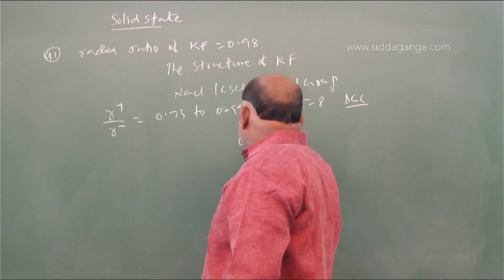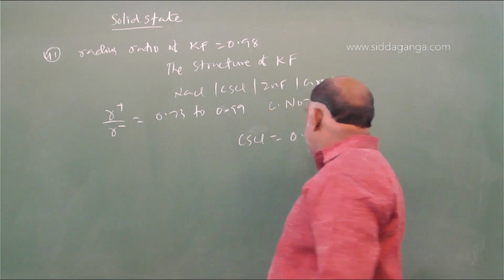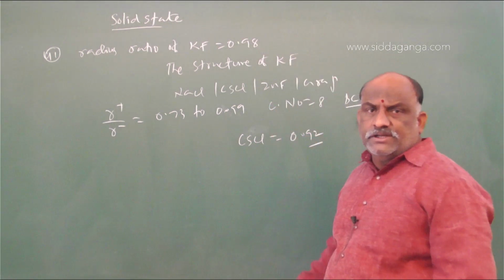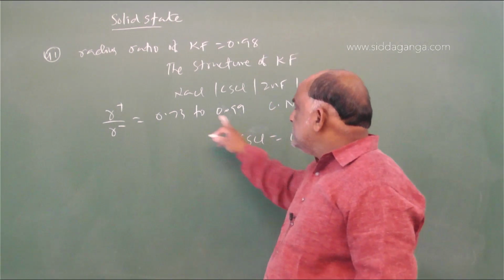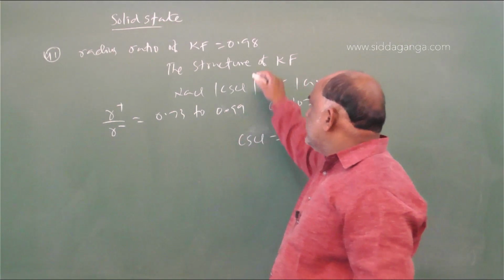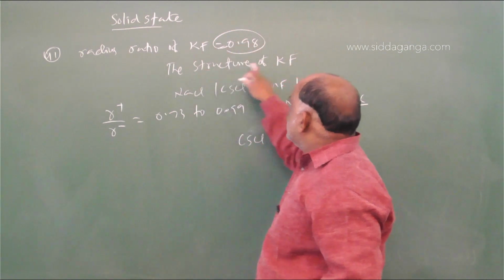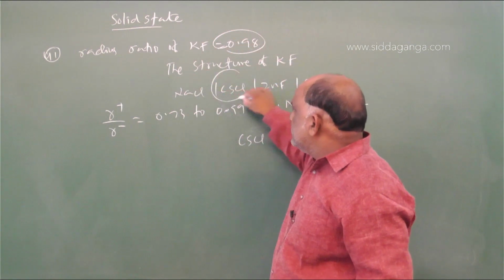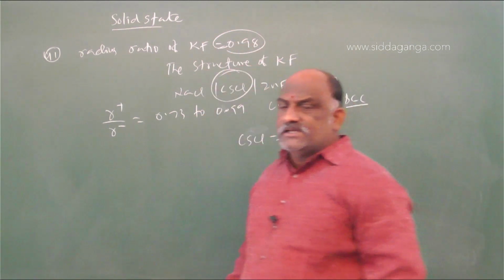Cesium chloride radius ratio is 0.92, so it is also in between 0.73 to 0.99. So on the basis of this 0.98, the structure of KF is cesium chloride. What is the structure of KF?